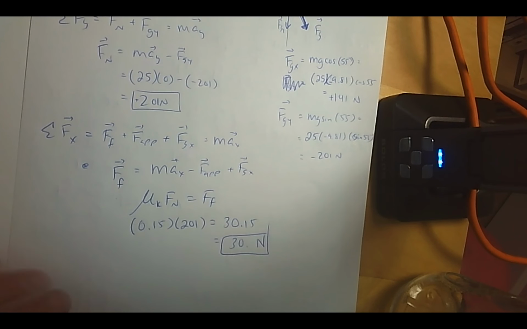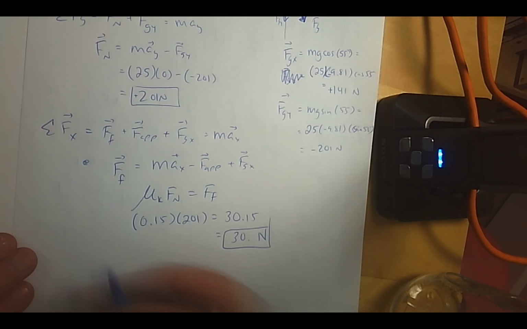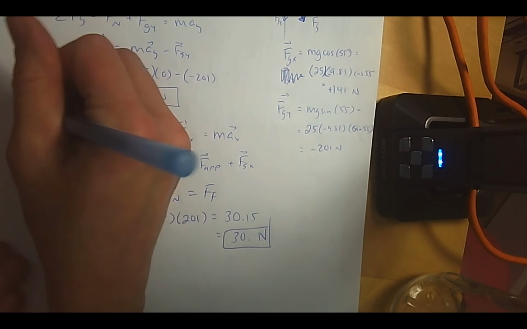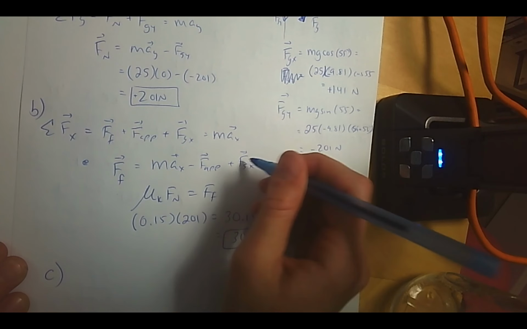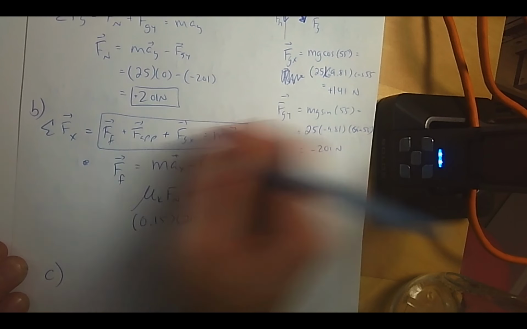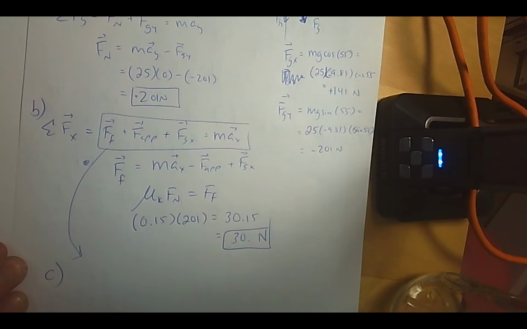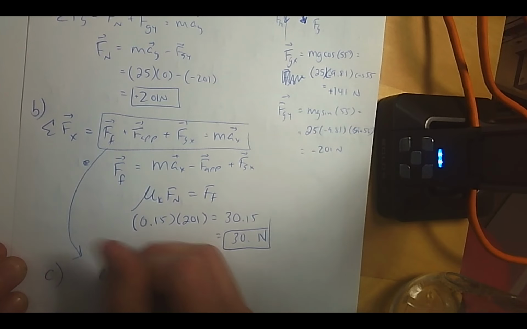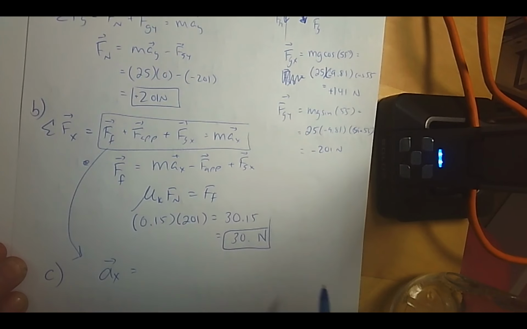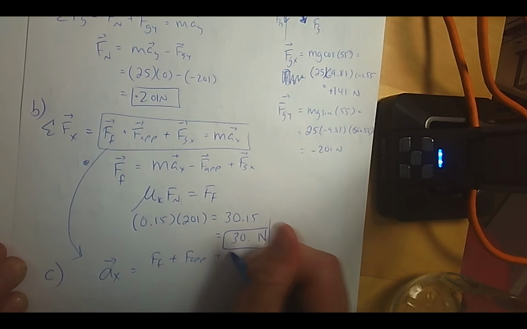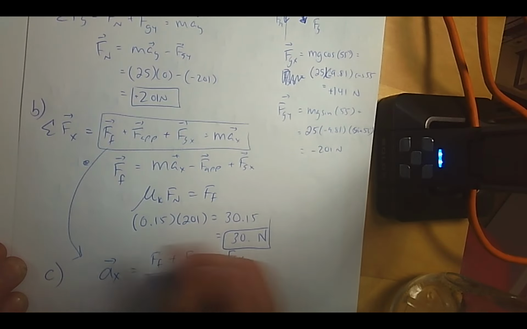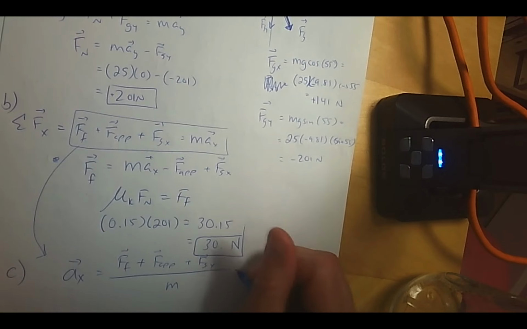All right. Now I'm on to my last problem, which is part C, finding the acceleration. So let me go back to this equation here, and I will isolate the acceleration. So the acceleration in the x direction is equal to friction plus the applied force plus the x component of gravity, and that's all divided by the mass.